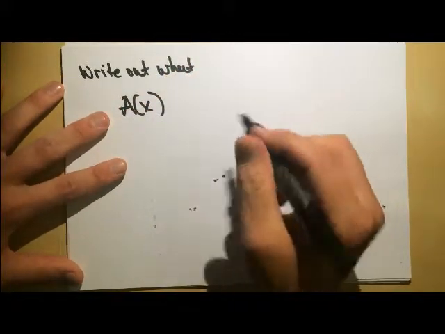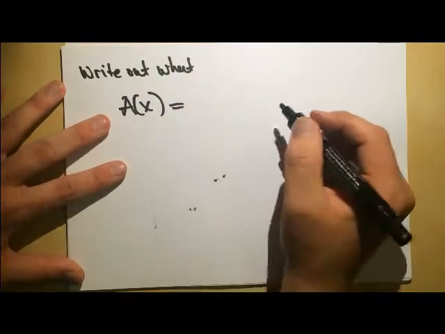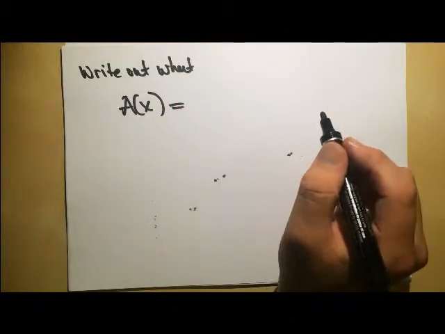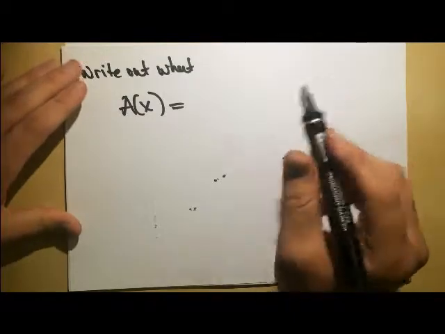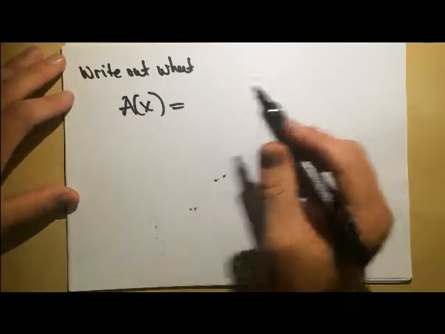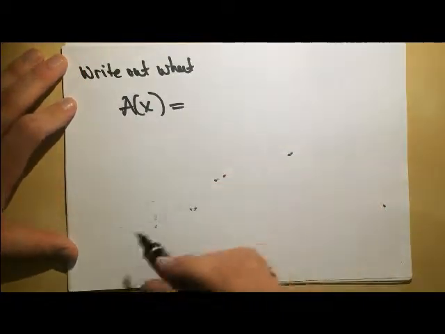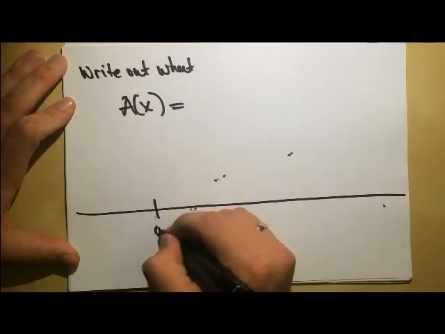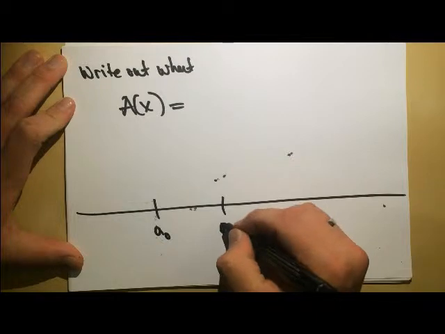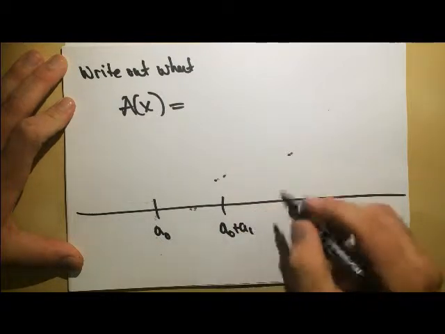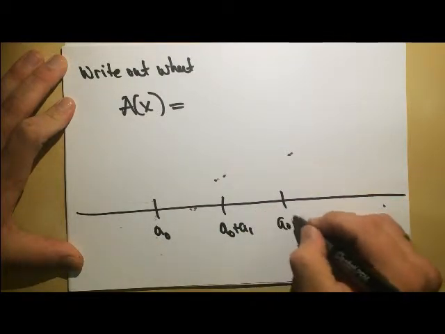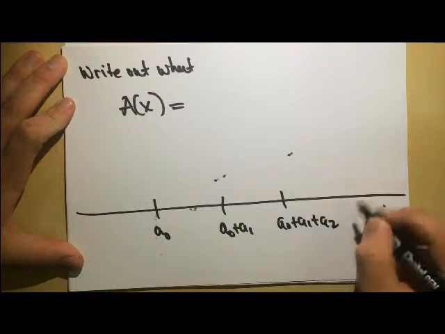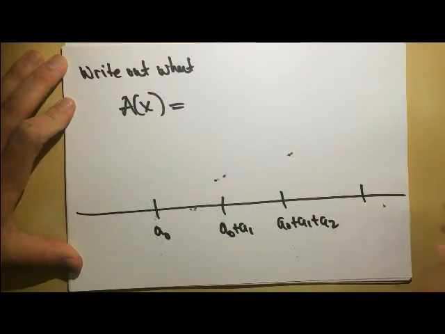We need to find the j, so again, we have this partition: a0, then a0 plus a1, and then a0 plus a1 plus a2, and it goes on and so on and so forth.